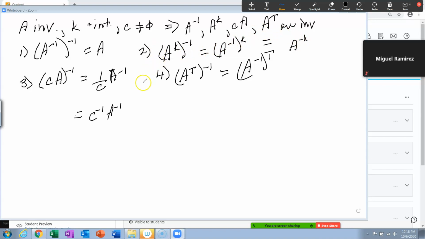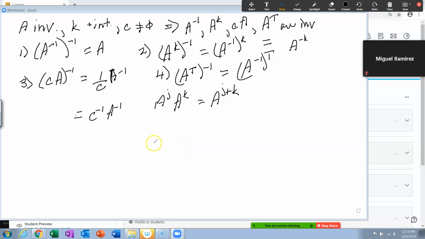Now, just a little reminder that A to the jth, where j is a positive integer, times A to the kth, where k is a positive integer as well, is equal to, keep the base, add the exponents, j plus k. That worked for numbers. It also works for matrices. Okay?